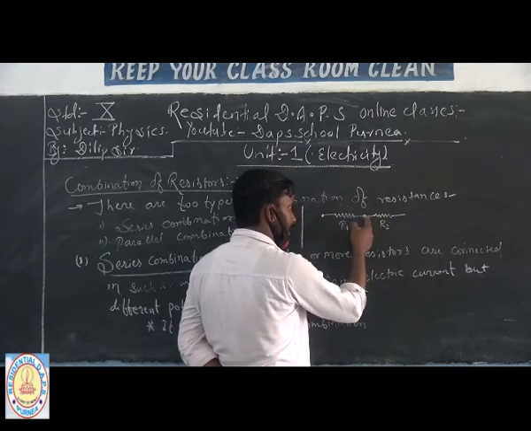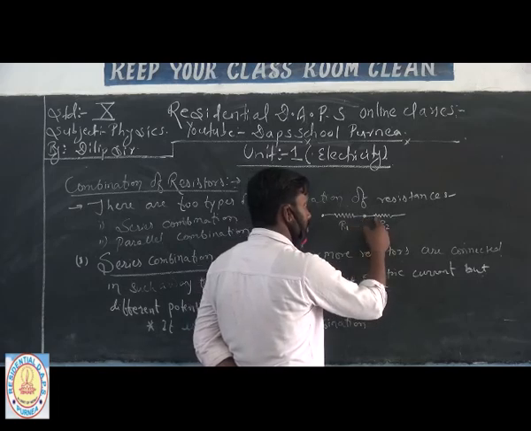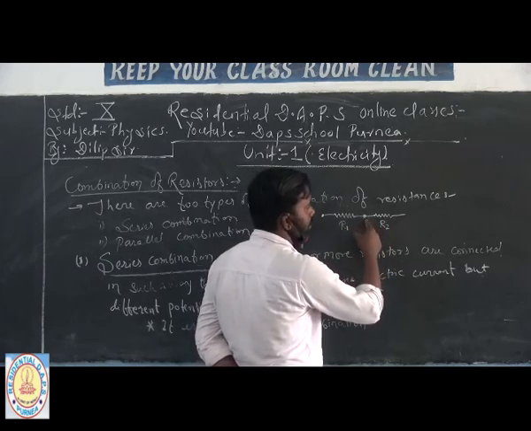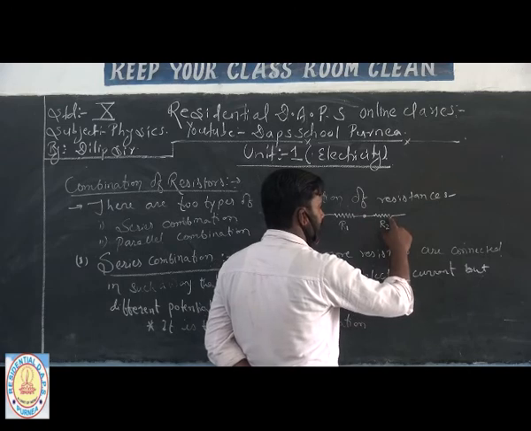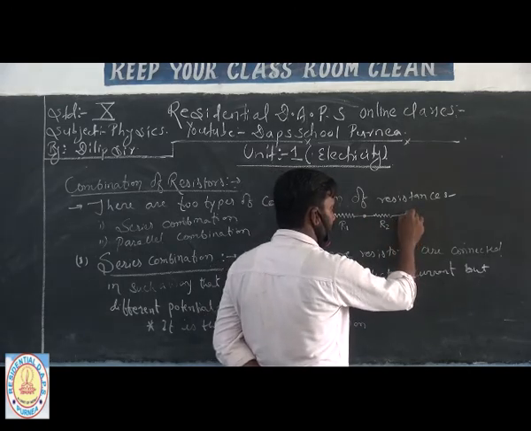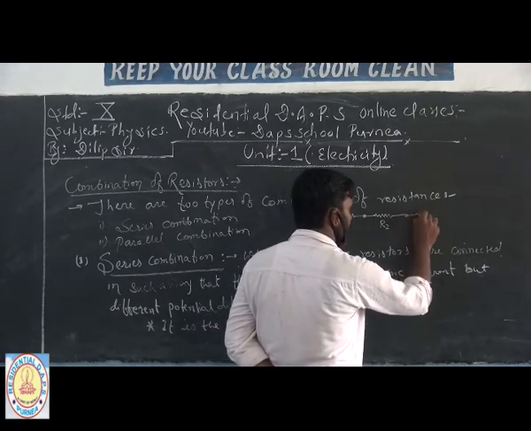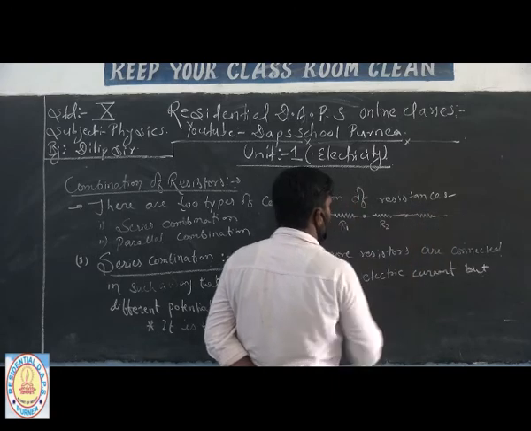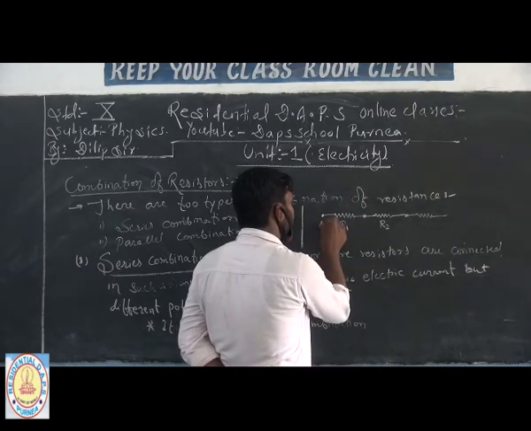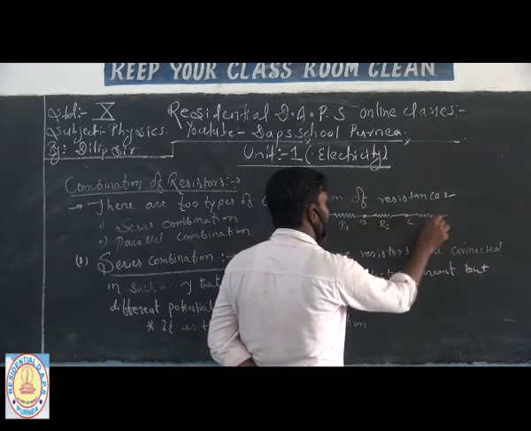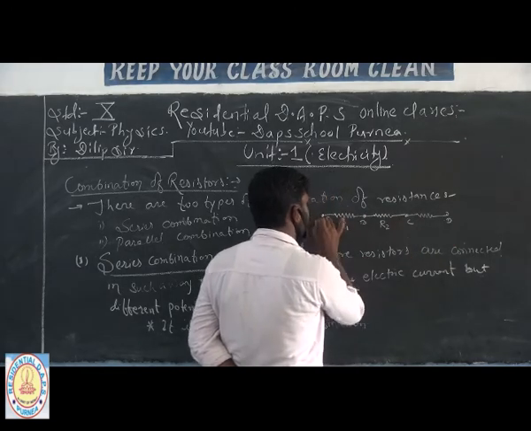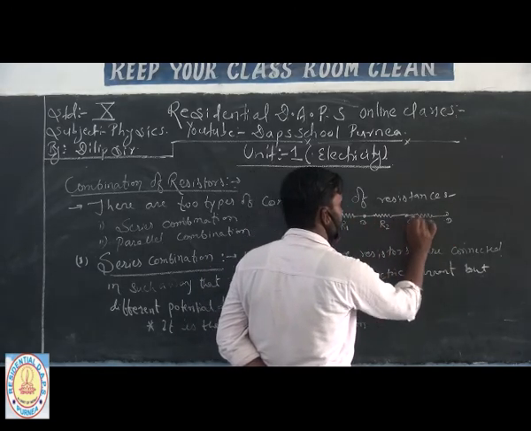The second end of the first resistor is connected to the first end of the second resistor, and the second end of the second resistor is connected to the first end of the third resistor. Then the terminals are different: AB, BC, CD.